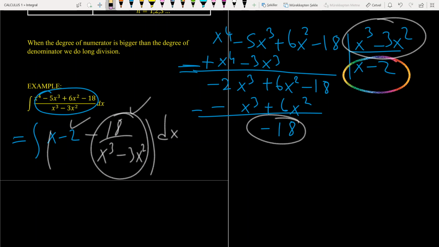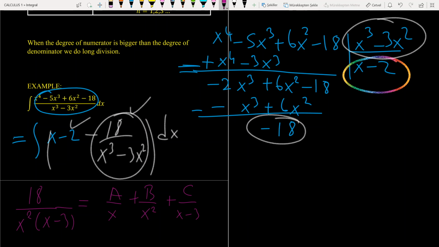So in this case, to find the decomposition, we have to write the equality 18 divided by x squared times x minus 3. If we take the parentheses of x squared, we have x minus 3, okay, so we have to find the decomposition for this rational function: A over x plus B over x squared plus C over x minus 3.